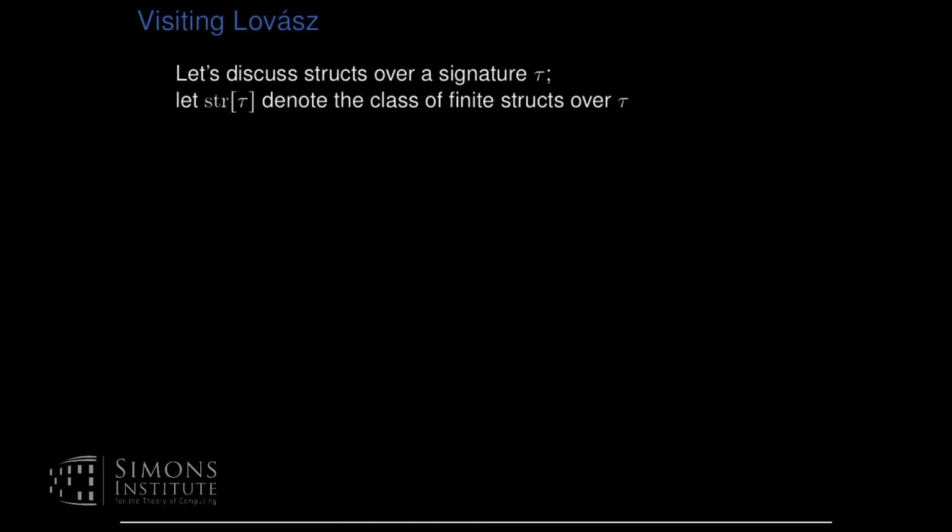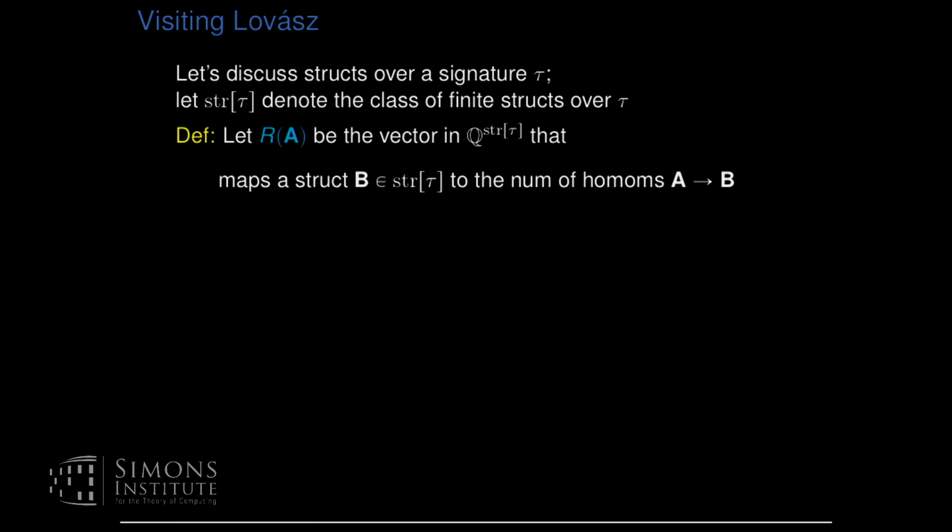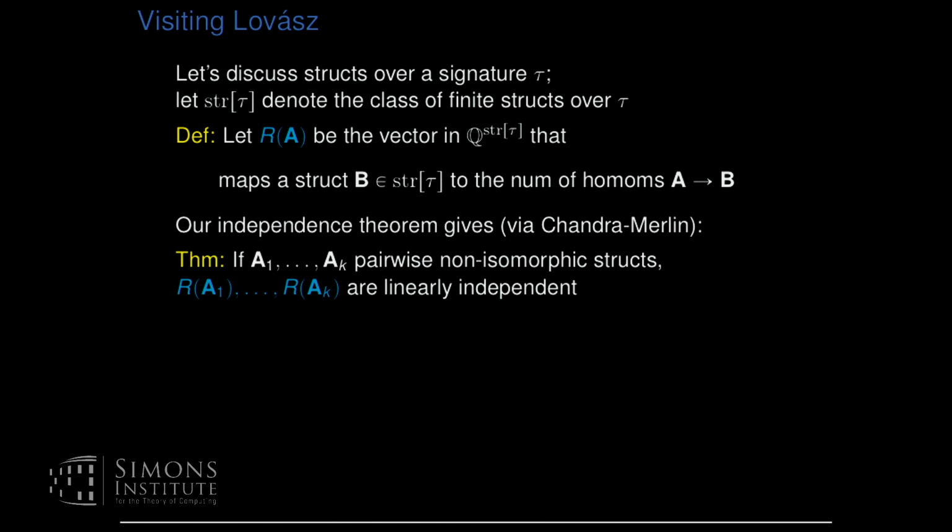So let's just look at structures over some signature tau. And for a given structure A, let's take the vector where we have an entry for every single finite structure and maps a structure B to the number of homomorphisms from A. Now our independence theorem implies, via the Chandra-Merlin correspondence, that if we have any finite sequence of pairwise non-isomorphic structures, then if we take these vectors, they're going to be linearly independent.